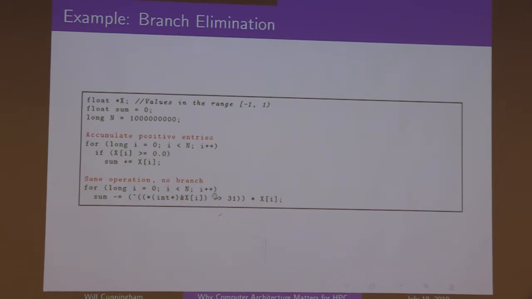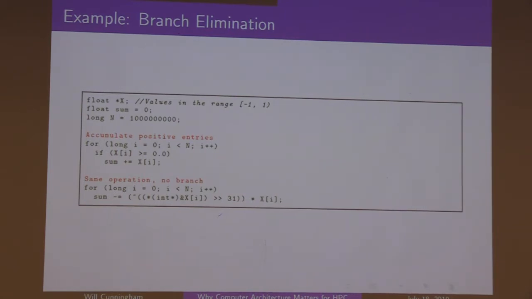This is a right shift operation by 31. And what you're doing here is you're looking for the sign bit. The sign bit is the most significant bit. There's one bit that will tell you if it's positive or negative, and you're extracting that. And then you can do this negation operation here, so that this whole thing will be either all ones or all zeros.